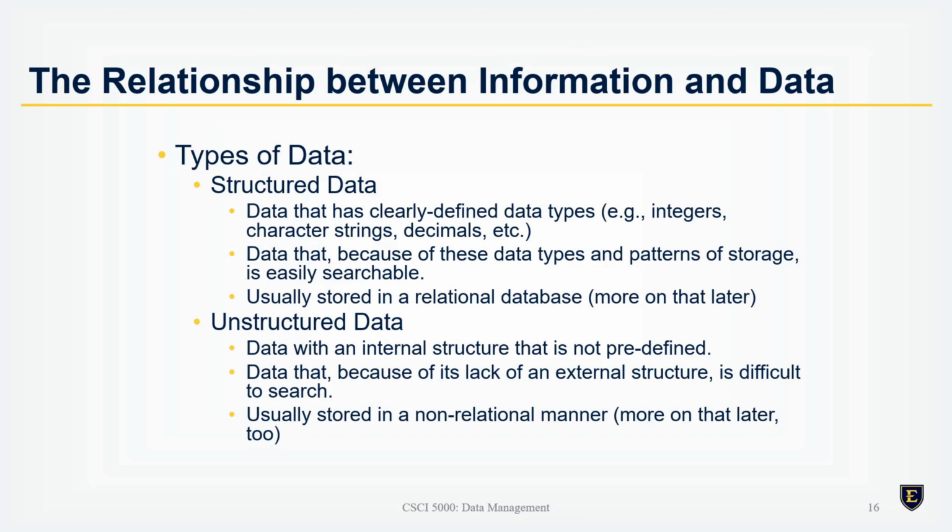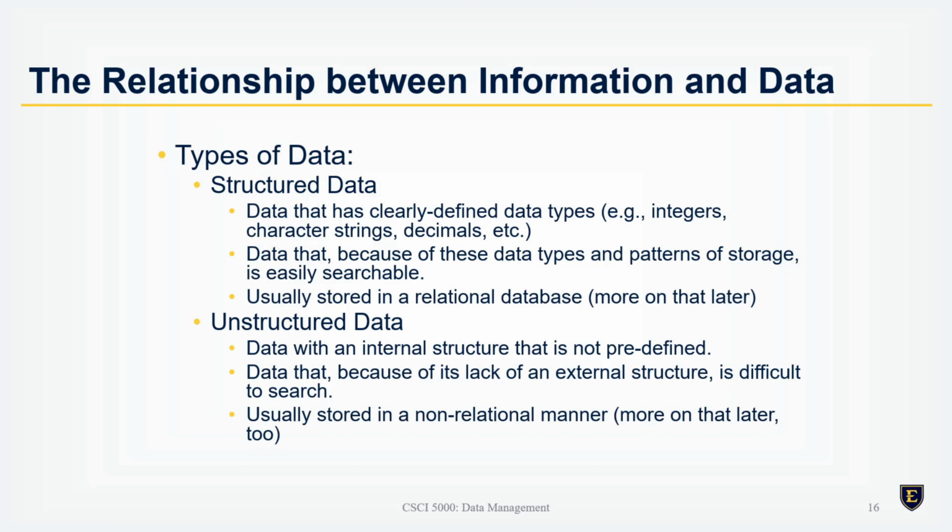A couple of ways of looking at data: number one, structured data. So data that has a clearly defined data type, so it's a number, a character string, decimals, something that is very specific and can be defined clearly. So data that, because of these data types and patterns of storage, is easily searchable.